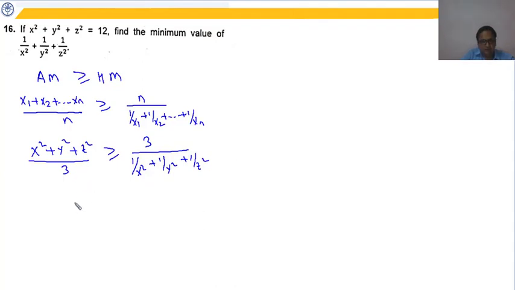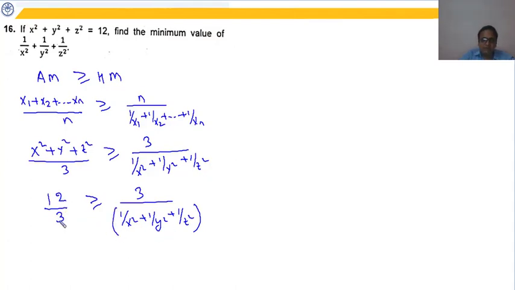Now x square plus y square plus z square value is given as 12. So 12 by 3 is greater than or equal to 3 upon 1 upon x square plus 1 upon y square plus 1 upon z square. Now this entire bracket is positive. We can take this to the left hand side. 12 by 3 is 4, which comes in the denominator.